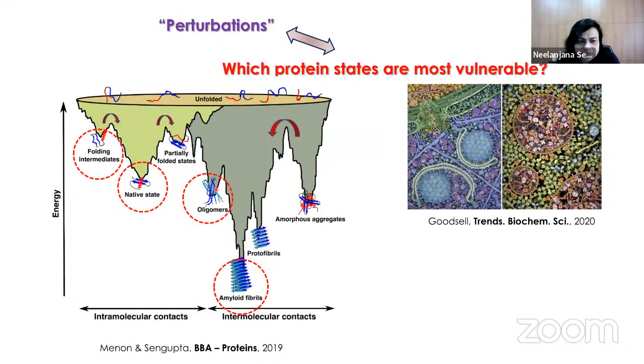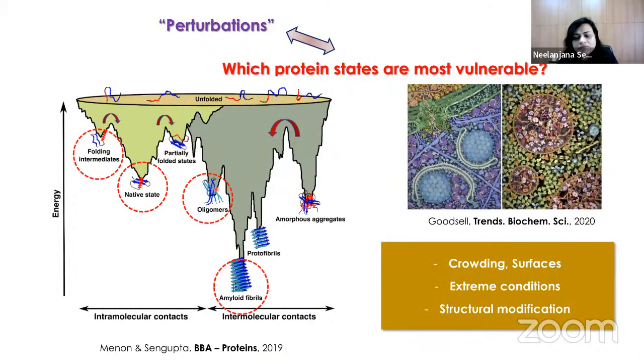So I'm highlighting some of the states that we are interested in. Along the way, we have looked at how these perturbations, in the form of solvent crowding, surface interactions, extreme conditions, and structural modifications, either chemically inside a cell or imposed otherwise, affect how these states respond.